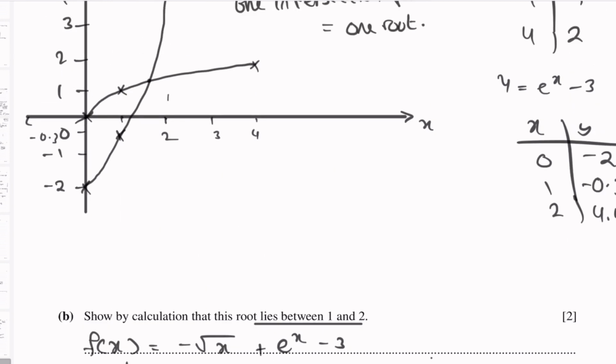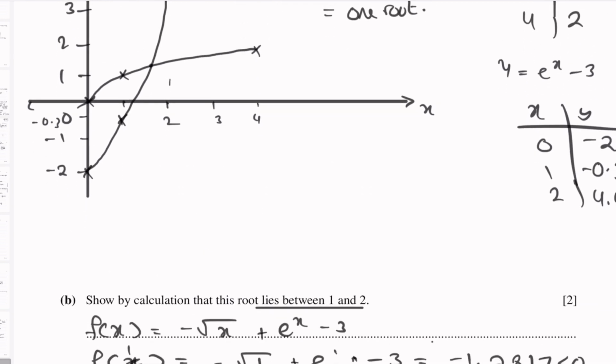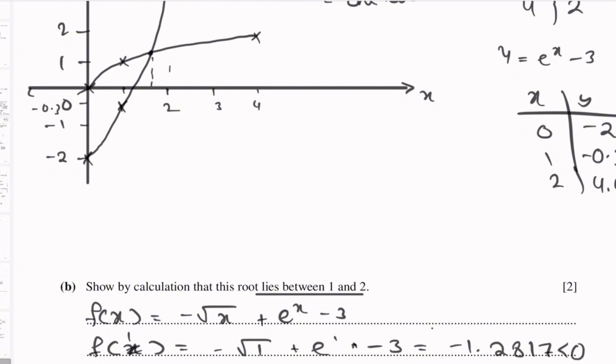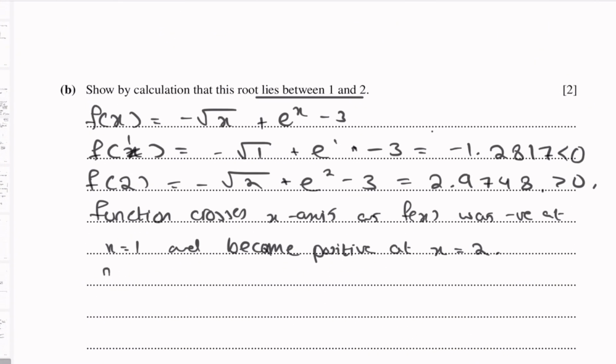And so that means obviously that the function crossed the x-axis. In general, you can see here it's between 1 and 2 using our sketch. The function was negative at 1, but then became positive at 2, and so we have a root between 1 and 2.